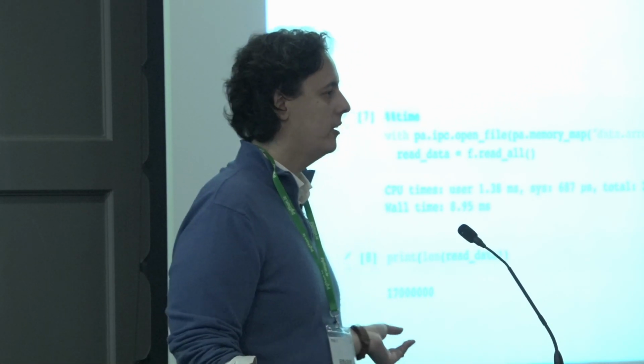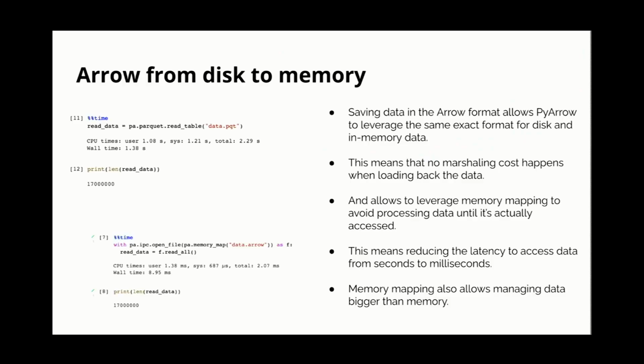Not only will it be far faster, but if you notice, I explicitly use the memory map function here. And that's because by memory mapping the file, I'm not constrained by my computer memory anymore. I can load an amount of data that is bigger than my memory, and the kernel will automatically swap in and swap out the pages for you without you having to care for doing that yourself.